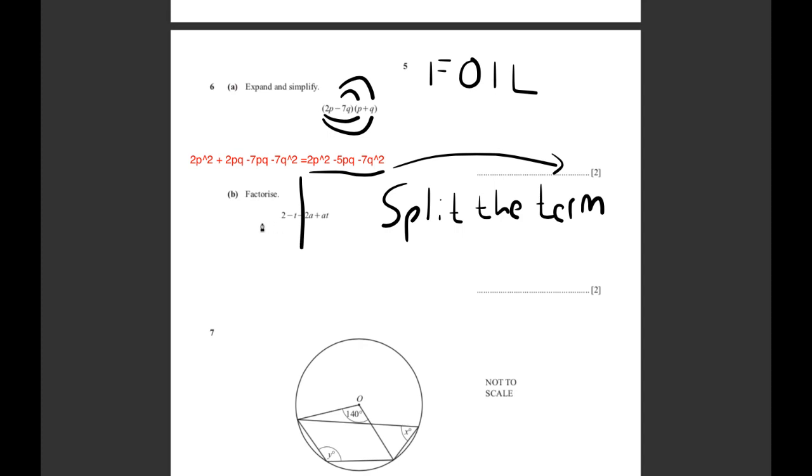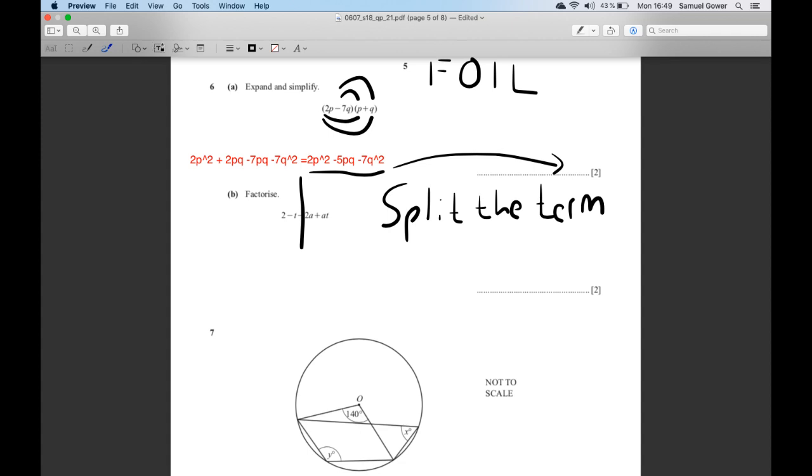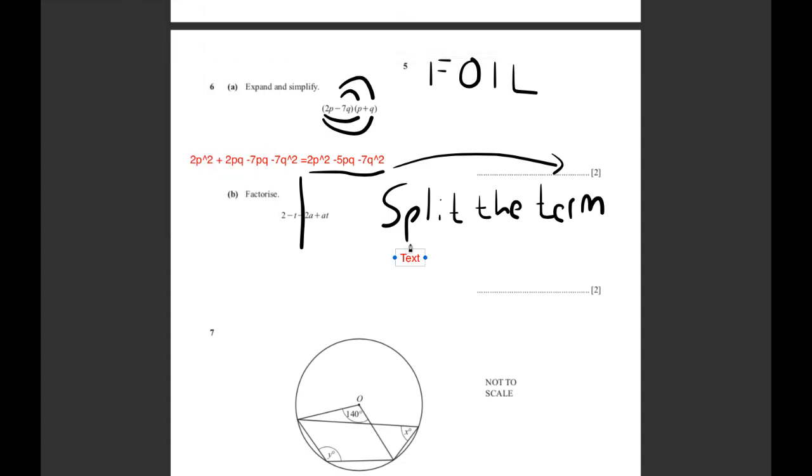Okay, so the first part starts out relatively straightforwardly. So let me move that over here, got a bit of room. So 2 minus t is going to stay as it is. I'm going to put it in brackets though, as you'll see why later. Now, what do these 2 terms have in common? Well, they have an a in common.